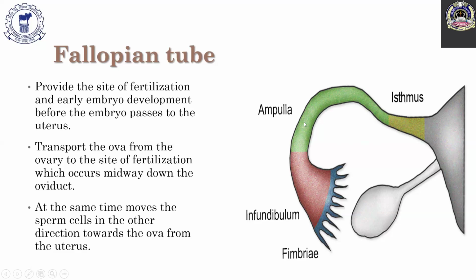Ampulla is the site of fertilization, one must know. At the same time, the sperm cells move in the other direction towards the ova from the uterus. Two cell movements are going through this tube at the same time: the eggs traveling towards the uterus and the sperm, coming from the semen ejaculation, traveling towards the egg.